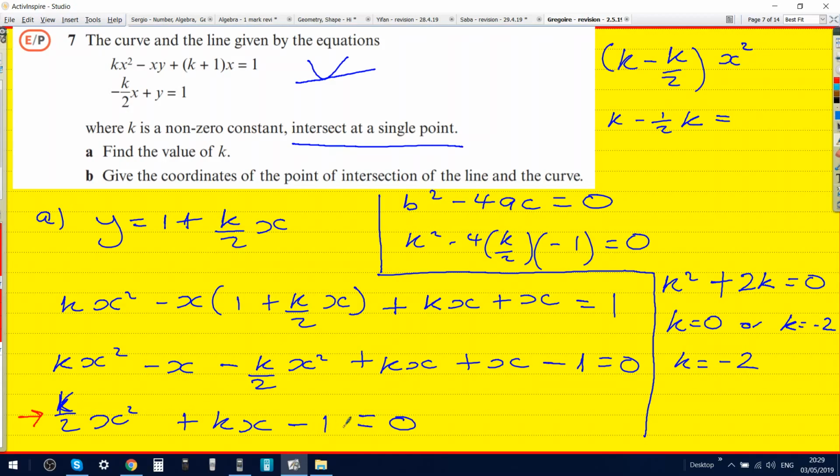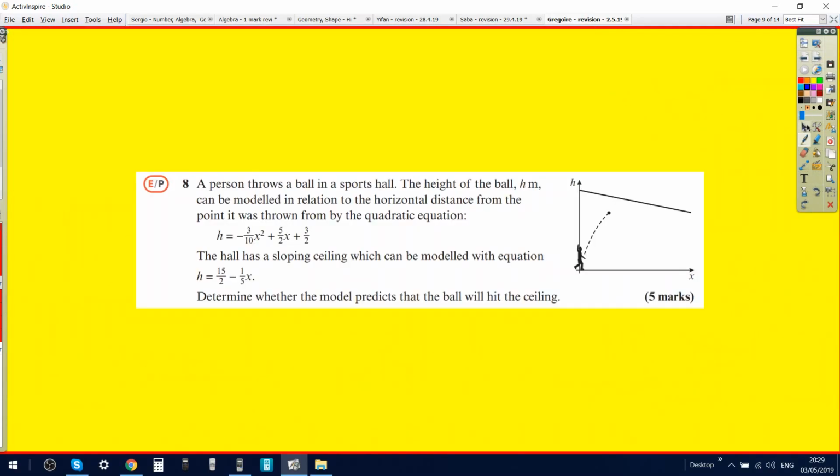Then they tell you it intersects at a single point, so you know that b squared minus 4ac must be equal to 0, and you sub into that and solve to get k. It's just like solving a normal quadratic, except with that little thing. Any questions about any point there? No. It's just long and brutal, but we've done it.